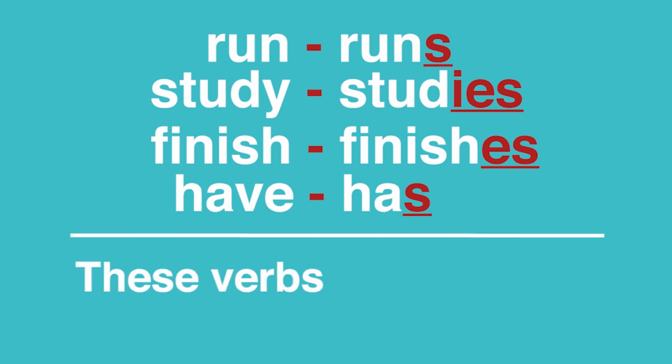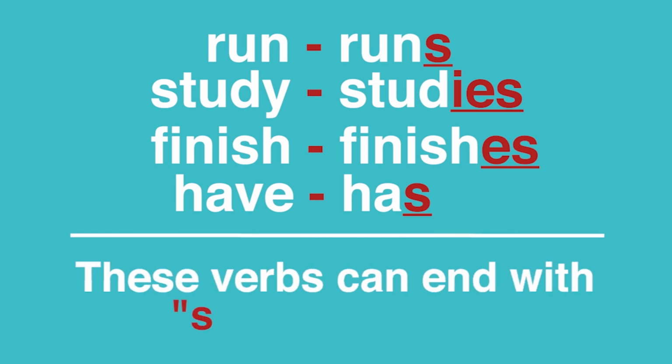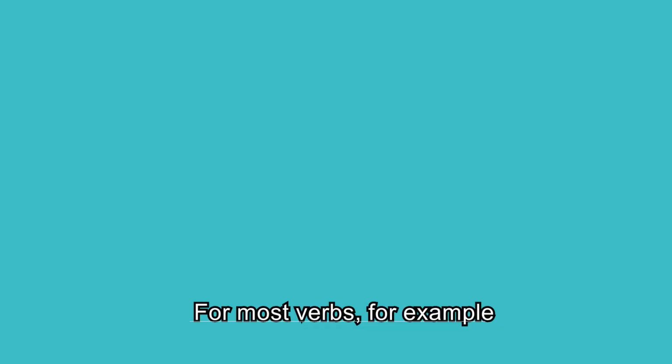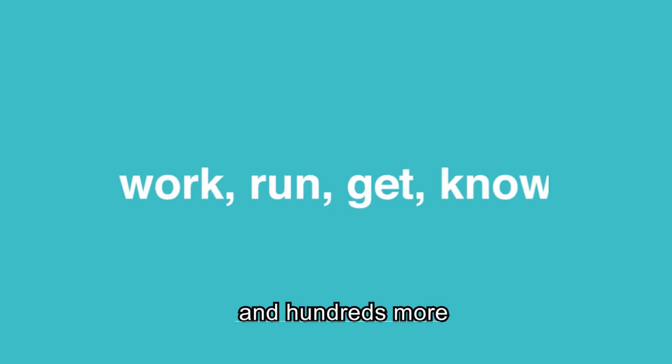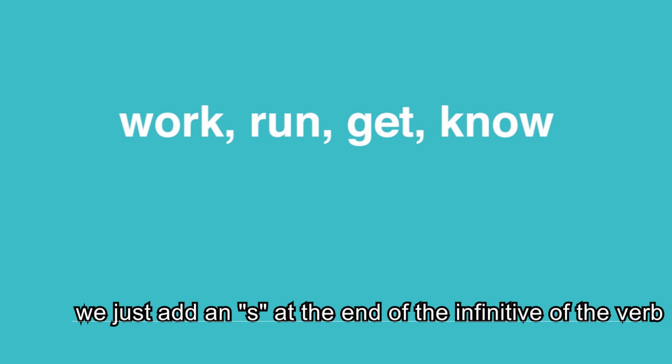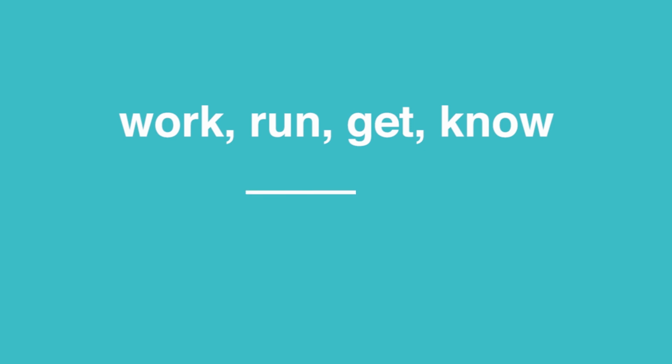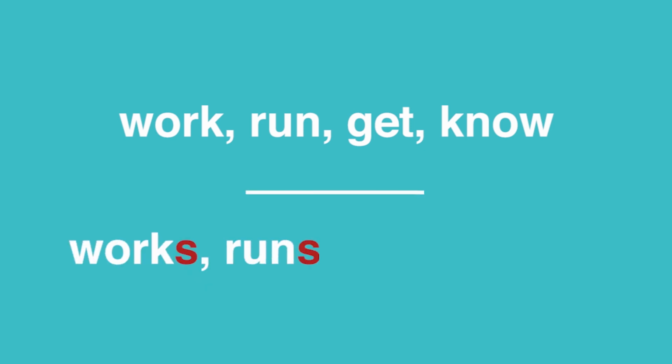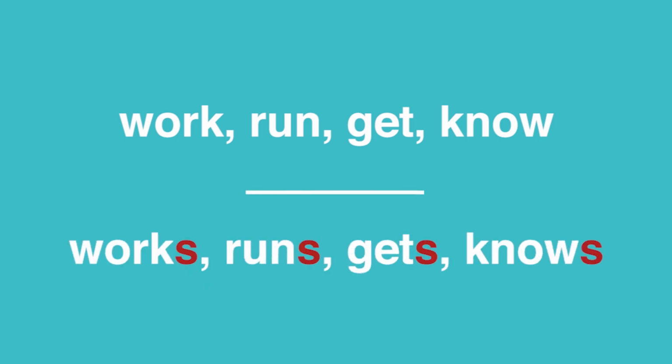These verbs can end with S, ES, or IES. For most verbs, for example work, run, get, know, and hundreds more, we just add an S at the end of the infinitive of the verb. So works, runs, gets, and knows.